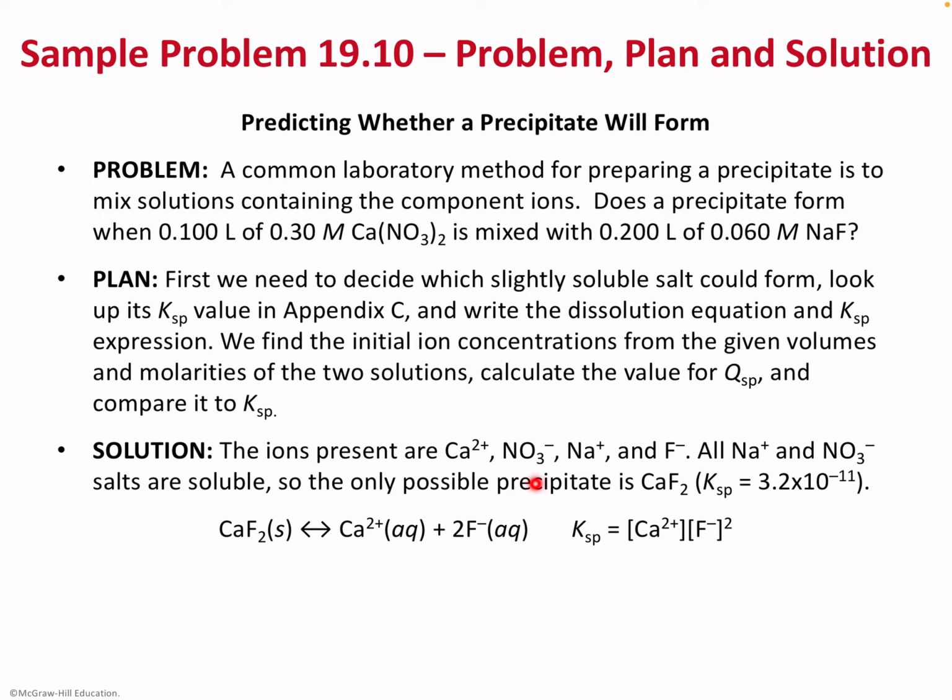So the precipitate is calcium fluoride, and it will dissociate to give you calcium ions and fluoride, and the Ksp expression for this would be calcium ion 2+ times fluoride raised to the power 2. Now let's use these given values to calculate the molarities.